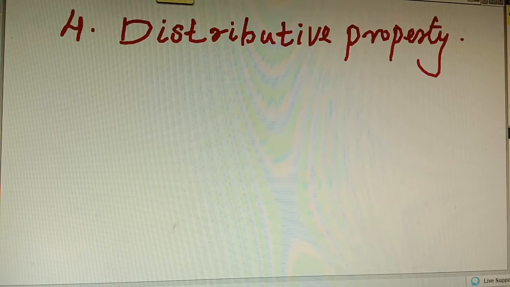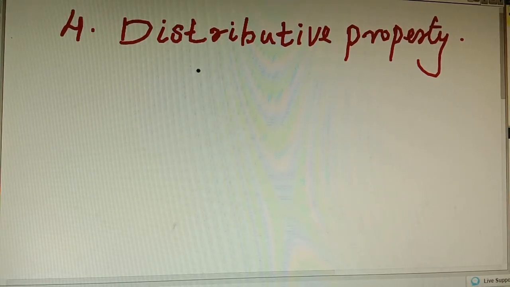Okay, now we can move to the next property of rationals, that is distributive property. So we have learned 3 properties now: closure property, commutative property, associative property. Now the last one, that is distributive property.